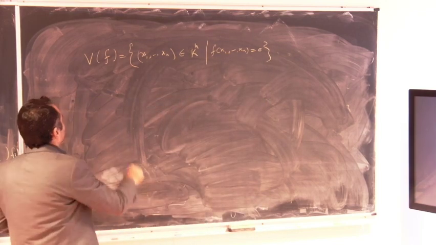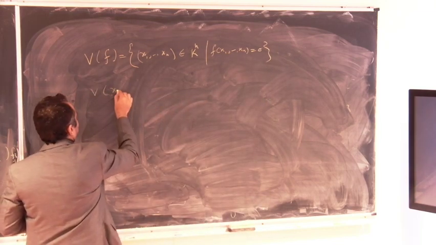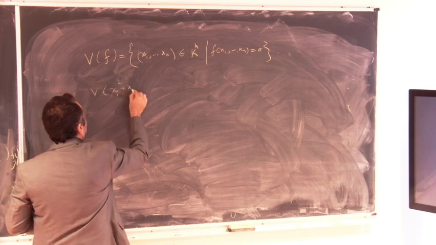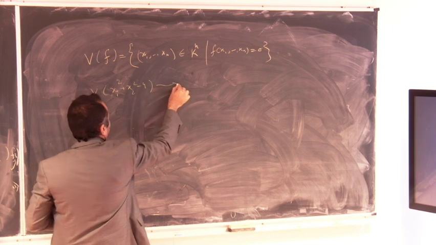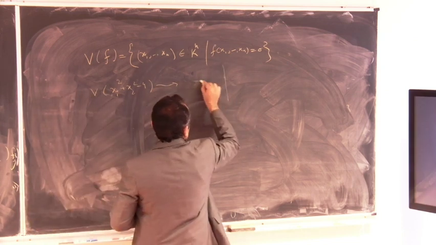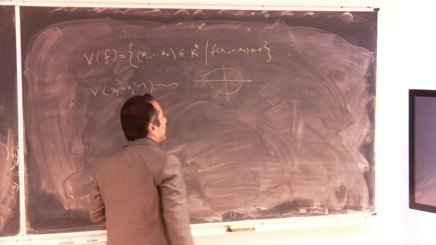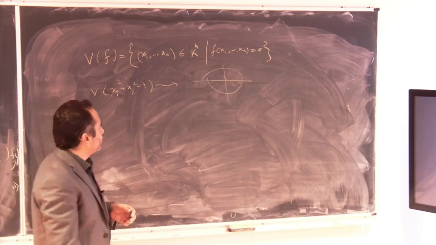For example, the variety of x1 squared plus x2 squared minus 4 is a circle having radius 2 and center 0.